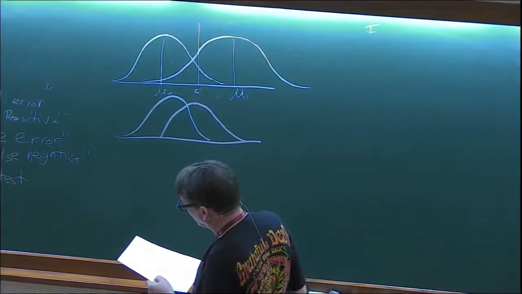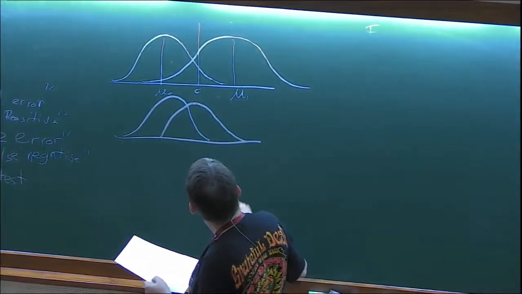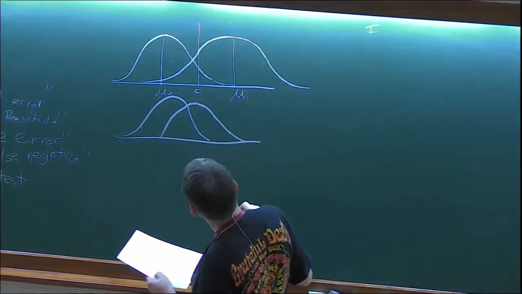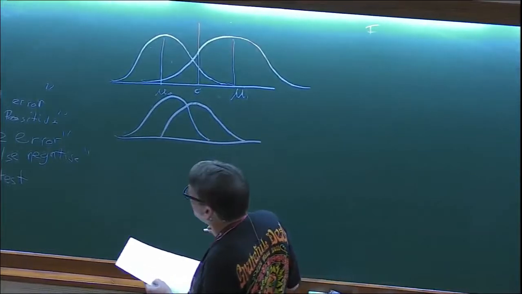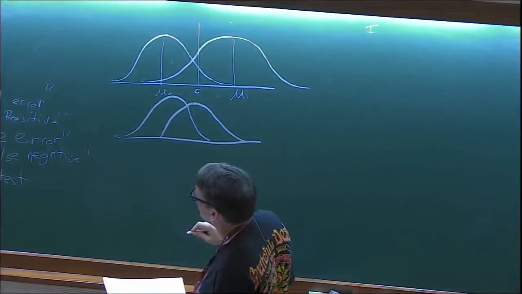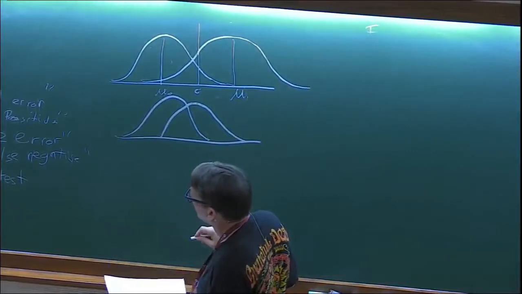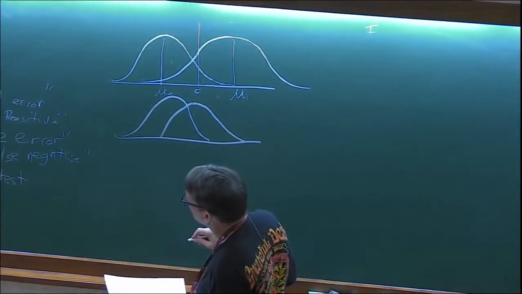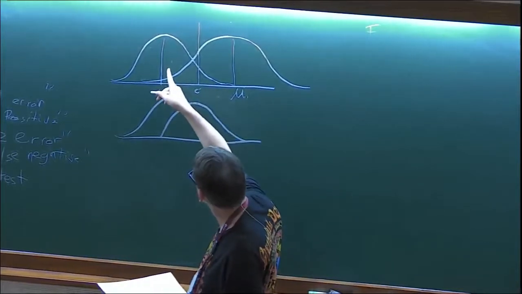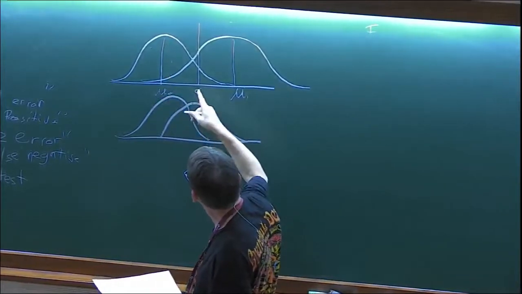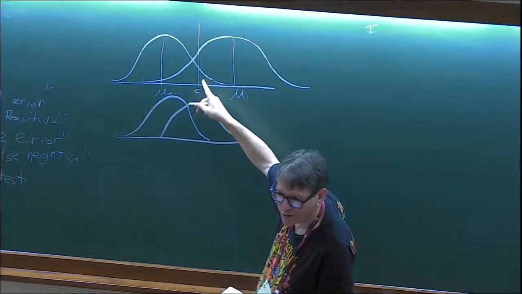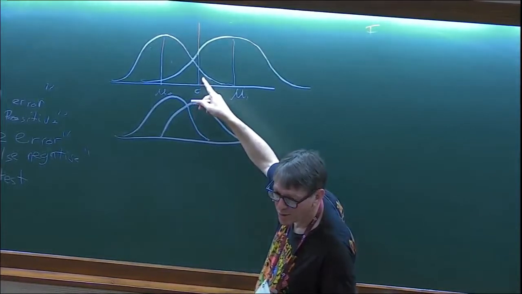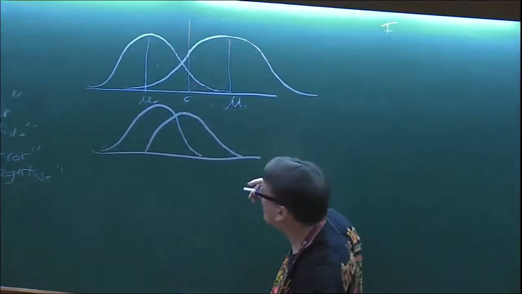So you're asking whether your actual data is in U0 or U1. Well, what is alpha? Alpha is reject H0 even though H0 is true. This is H0, and you're going to reject it if your observation of the mean is greater than C. But this is a normal distribution, so it spreads out a little bit.